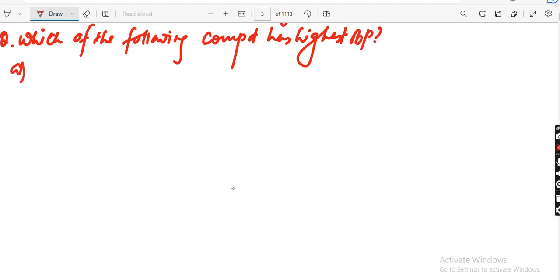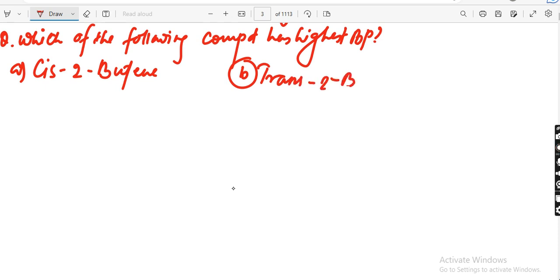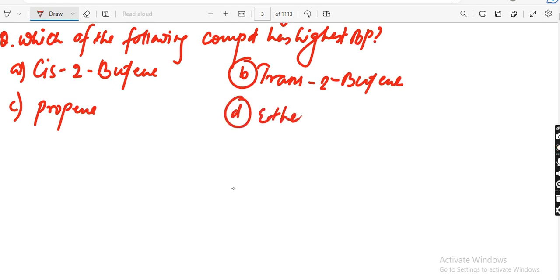Option A is cis-2-butene, then there is trans-2-butene, C is propene, and D is ethene.